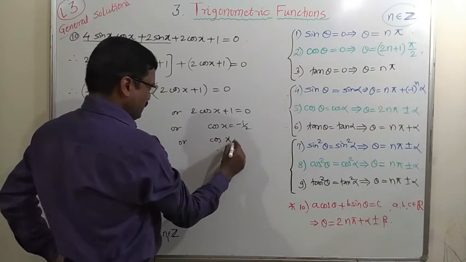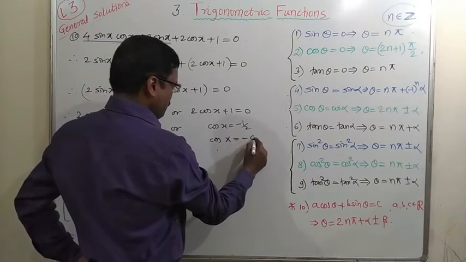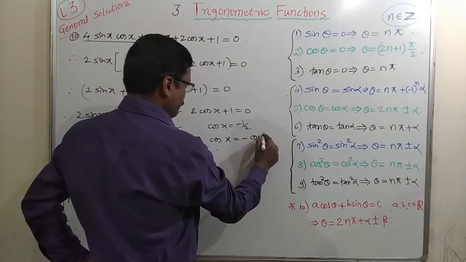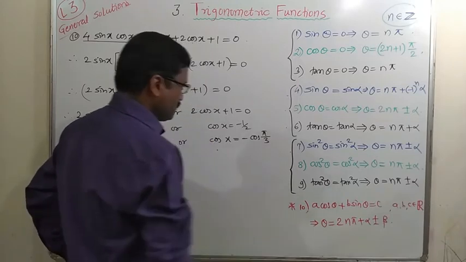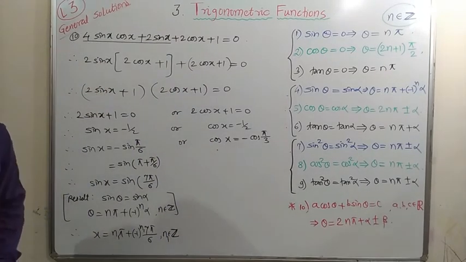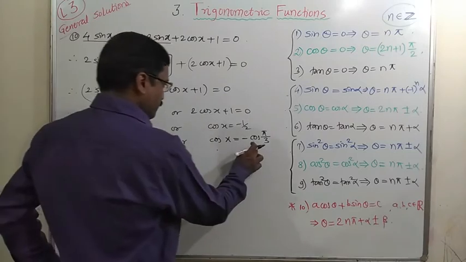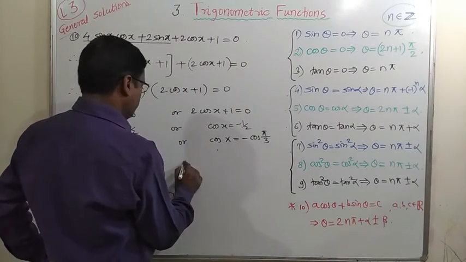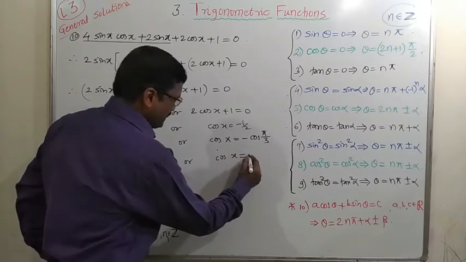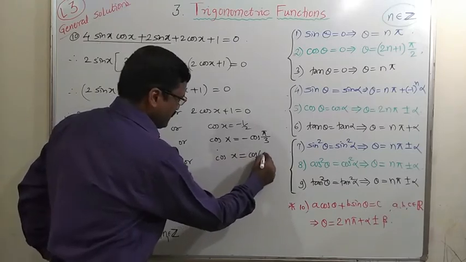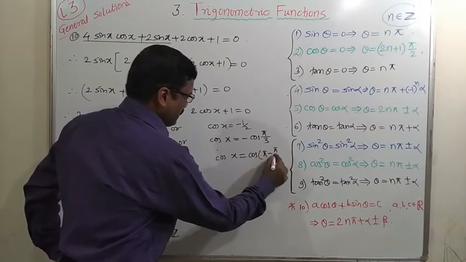That is cos x equal to minus cos of pi by 3, since cos 60 equals half. So we get this. Where is the cosine ratio negative now? It is cos of pi minus pi by 3.